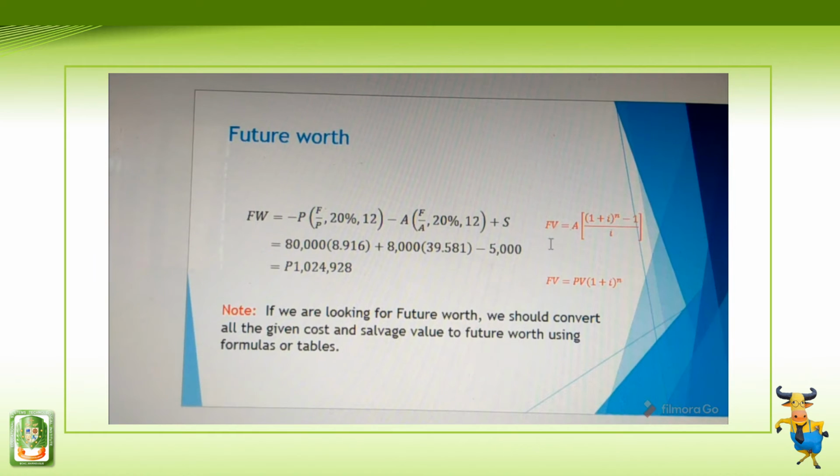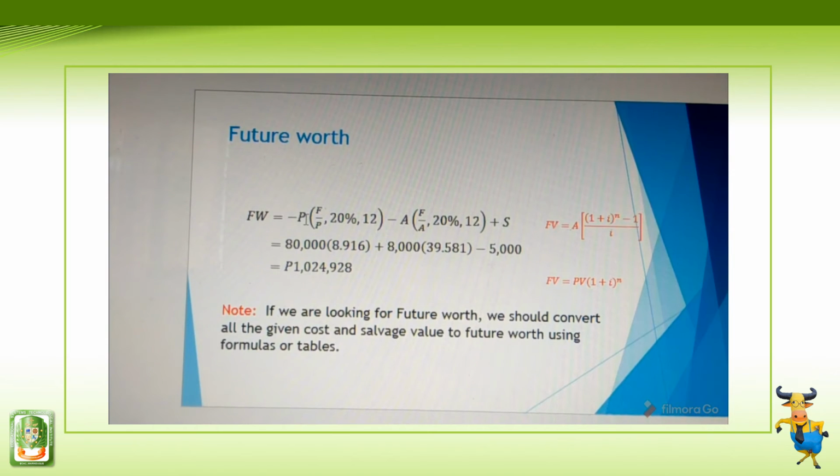So here we have the formula, FV equals A multiplied by the quantity 1 plus i raised to n minus 1 divided by i. While FV equals PV when it comes to present initial cost, PV multiplied by the quantity 1 plus i raised to n.